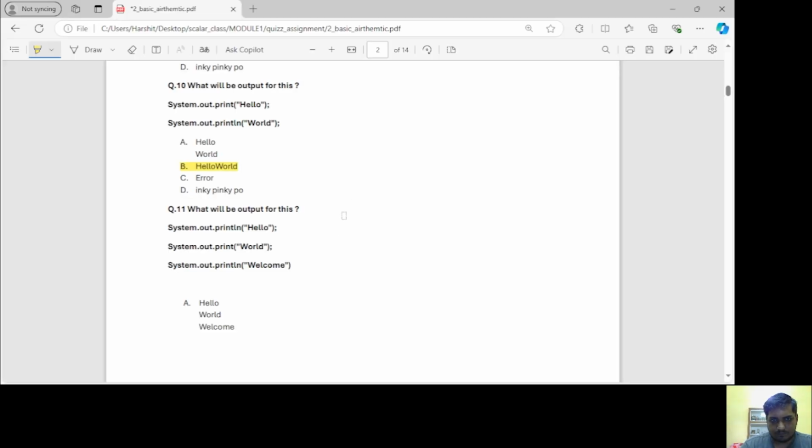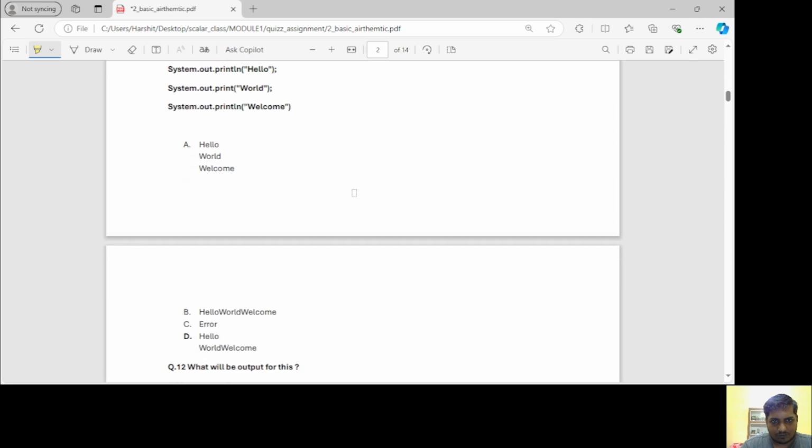Now we'll come to the next quiz, that is quiz number 11. See the questions very carefully. Take your time. Here in this question, the hello will be printed in the same line, but the ln, the cursor will move. If the cursor moves, the word will be printed.